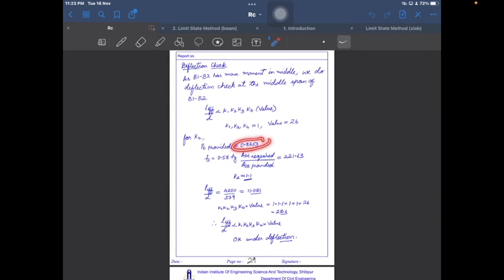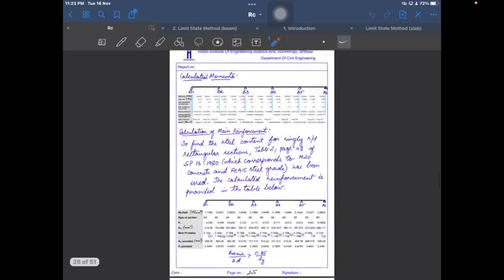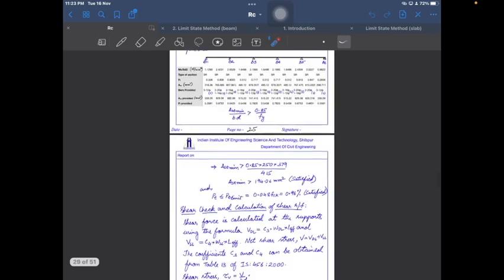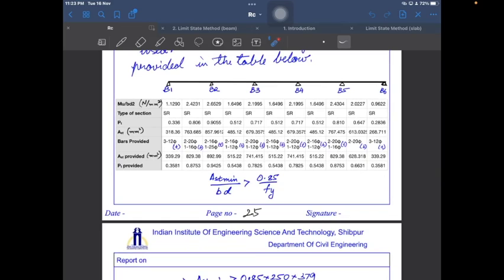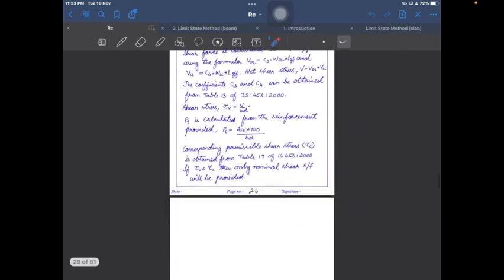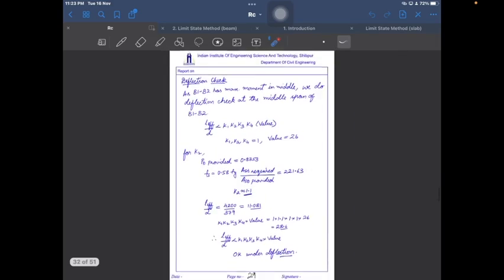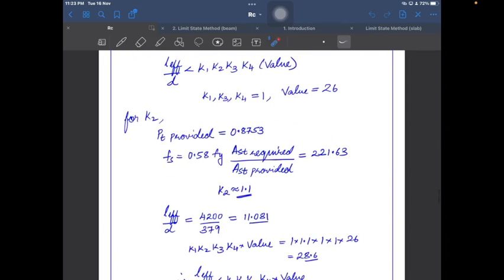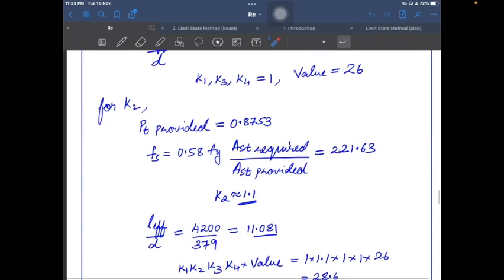This is at the middle span. If you go back to this table, PT provided at the middle of the critical span, you get PT from there, and you have this FS formula.